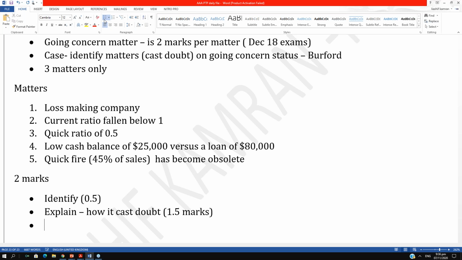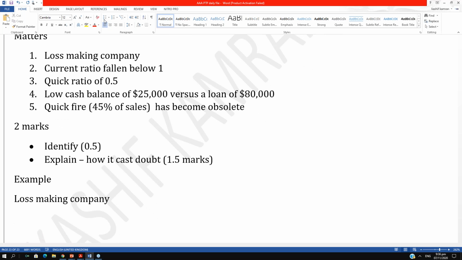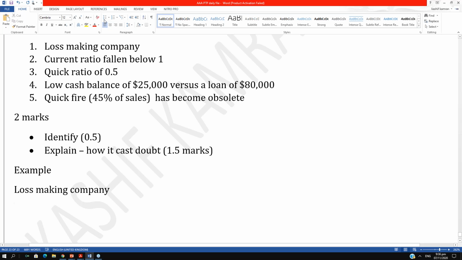Right? Let's take an example and solve it. For example, the first point, loss making company. You explain it. See, how would I explain it for 2 marks?